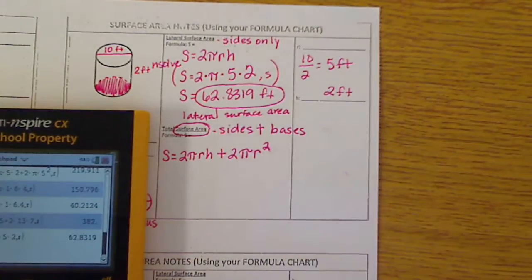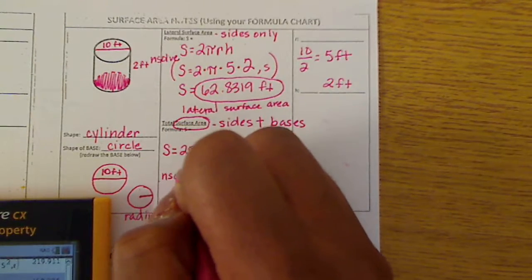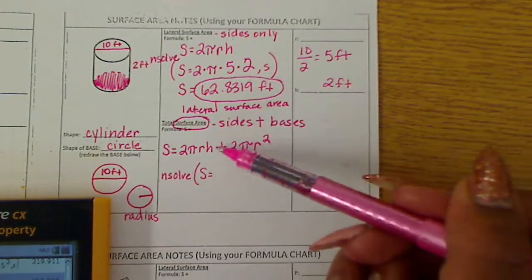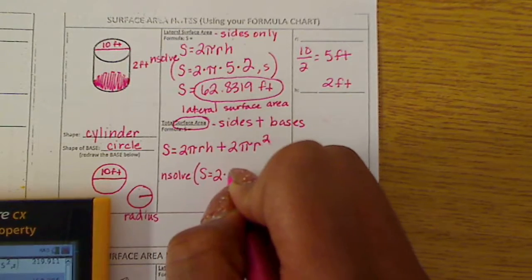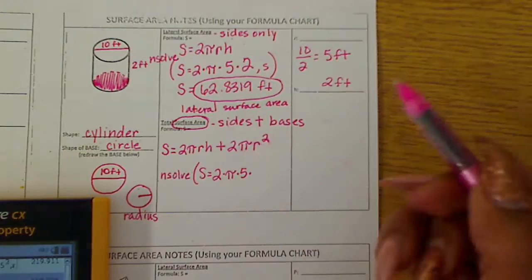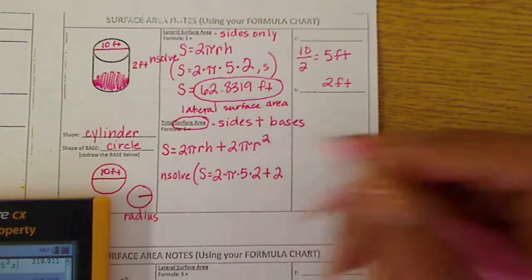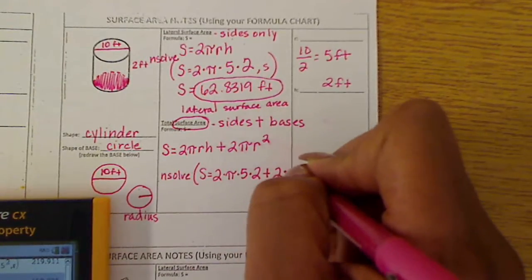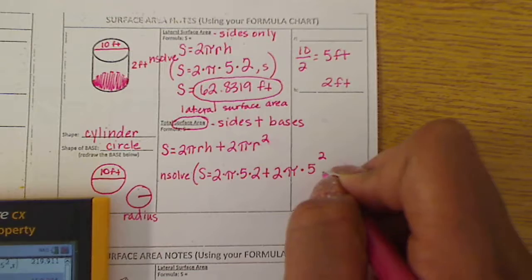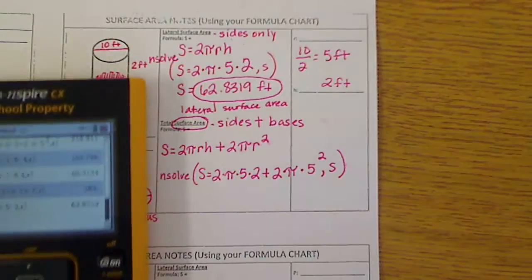To find the total surface area, we're just going to substitute the values for the variables. S equals 2 times pi times r, which is 5, times h, which is 2, plus 2, which is part of the formula, times pi times the radius squared, comma S. So we're going to put this in the calculator.